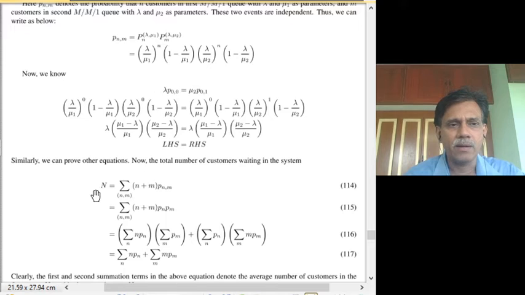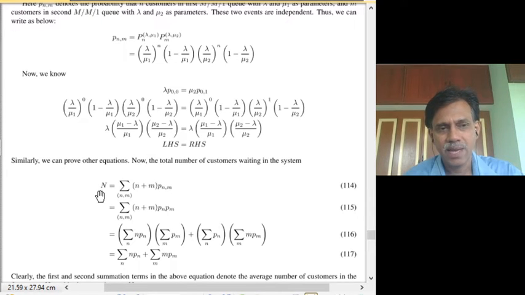Then we can apply it to find the total number of customers N in the combined queuing system.